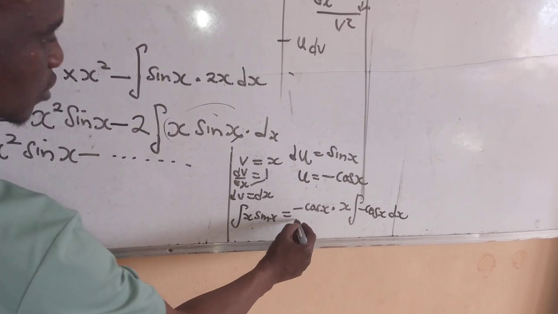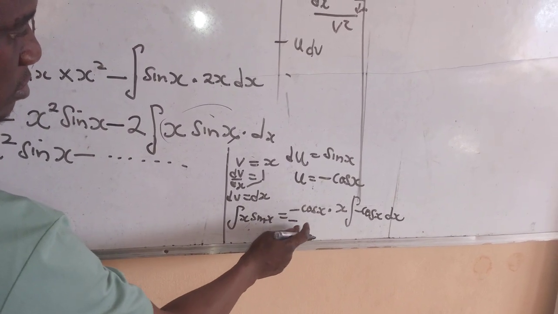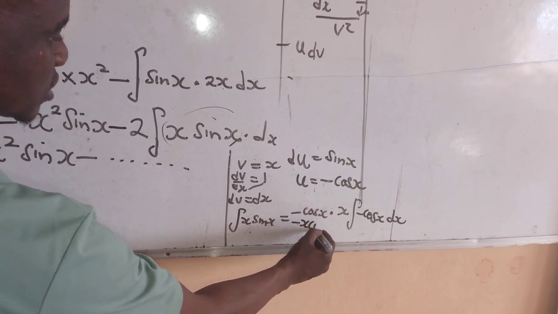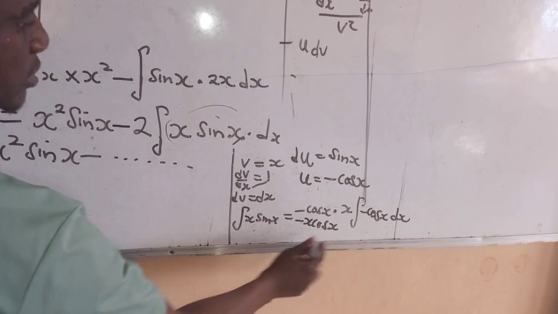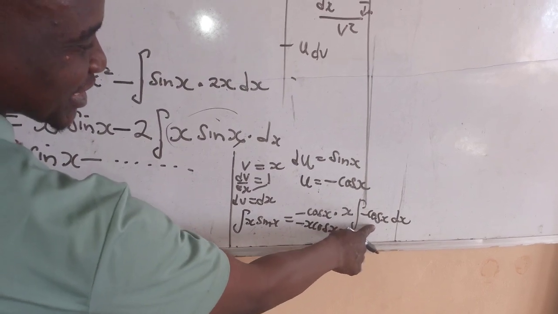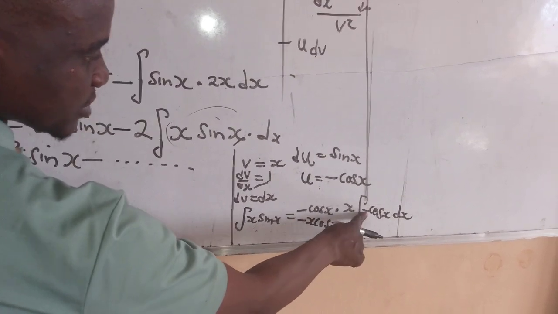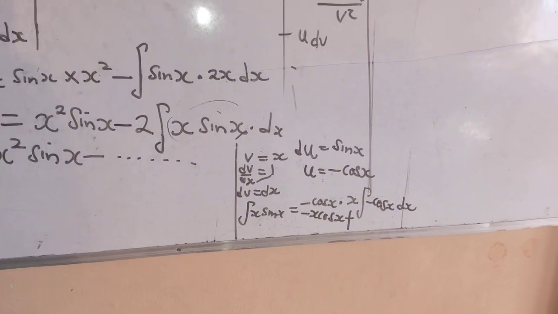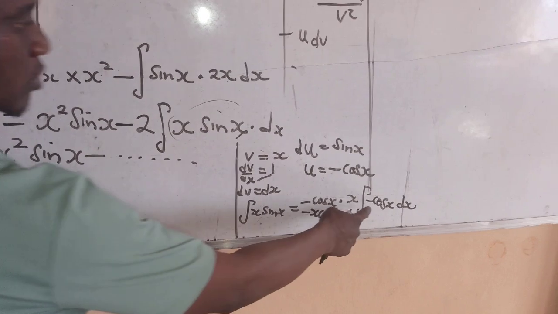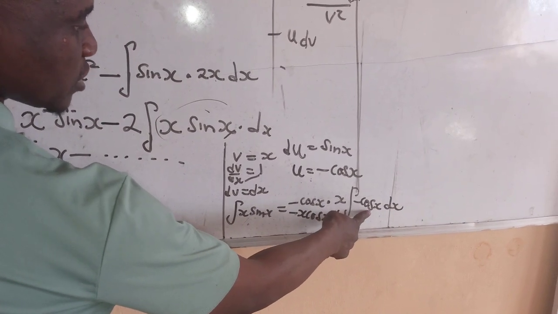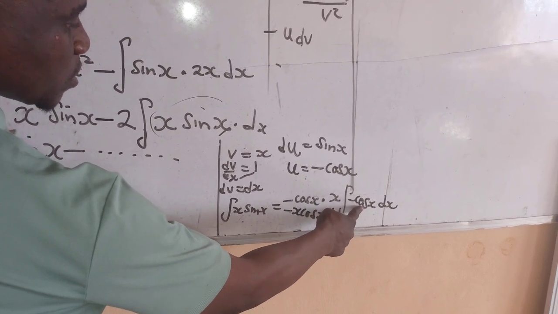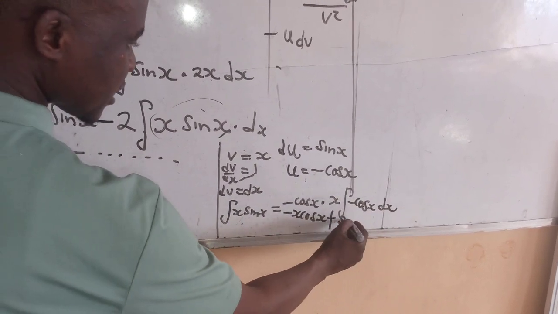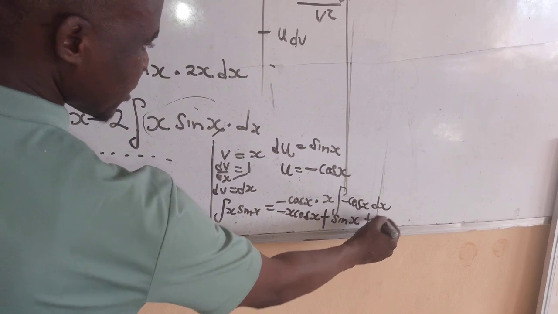So here this one will be minus x cos x. Minus, you will now integrate, and this minus you bring out, this one will give me plus. When you integrate cos x, it will give me sine x. So this one will be sine x, then plus c.